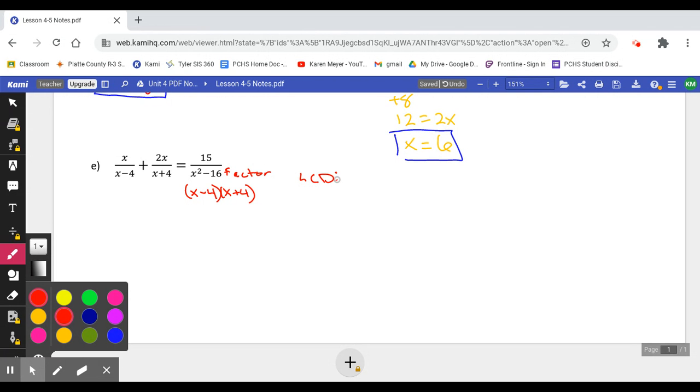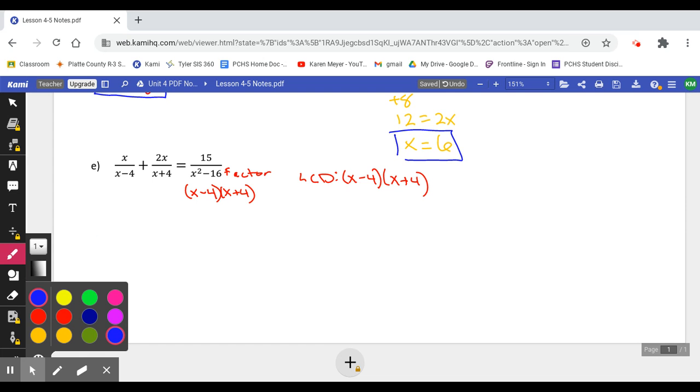So now LCD. Well, 2 fractions have x minus 4, so write it down one time. And 2 other fractions have x plus 4, so write that down one time. So your LCD is 2 parentheses, x minus 4 and x plus 4. The first fraction, it has x minus 4, check.